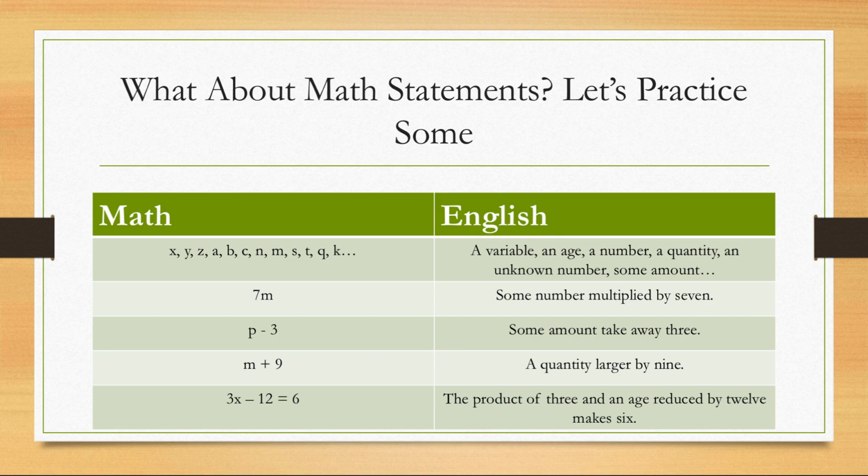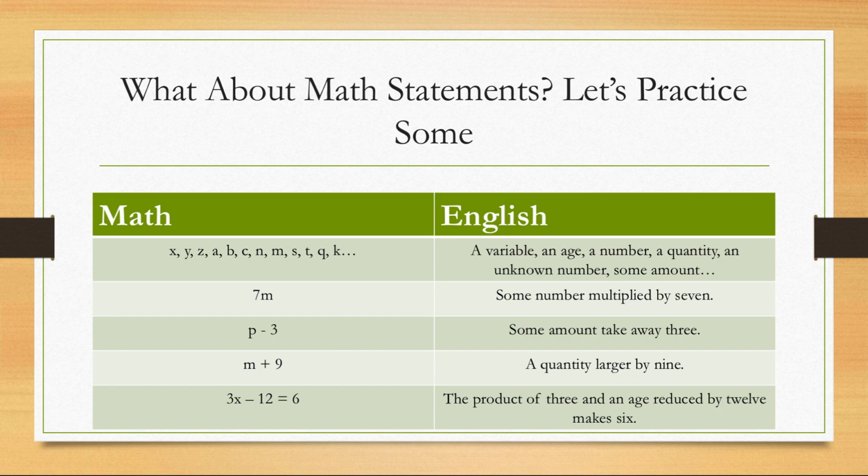All right, and then we've got the next one. We've got a quantity that will be larger by 9. Again, since it is a quantity that we do not know, it's represented with a letter. And we know that it's going to be larger, which just like the previous slide, we know that larger means plus, and it's going to be larger by 9.